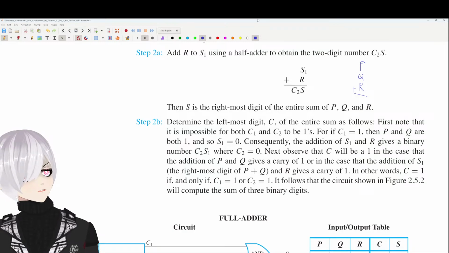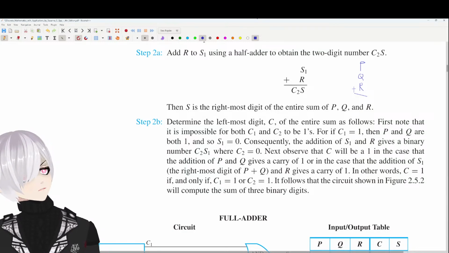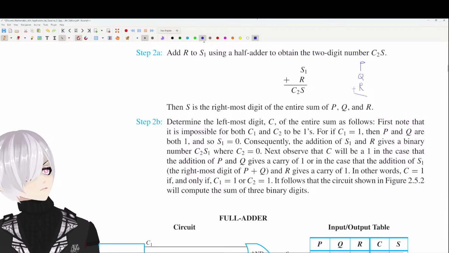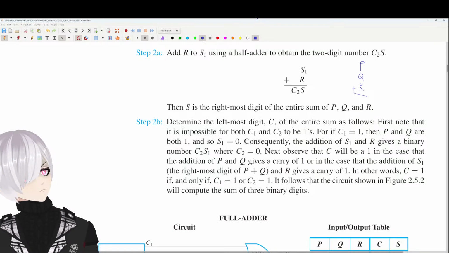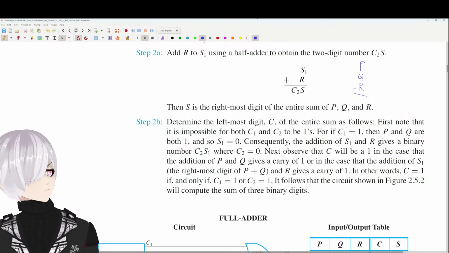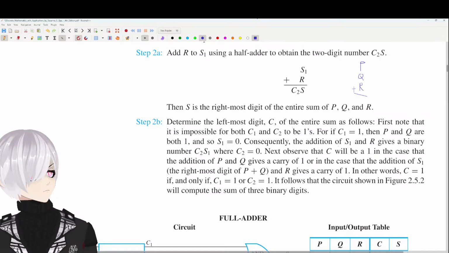Now, what about that line? Think about that. Wait, so they're saying that C1 and C2 can't both be ones.